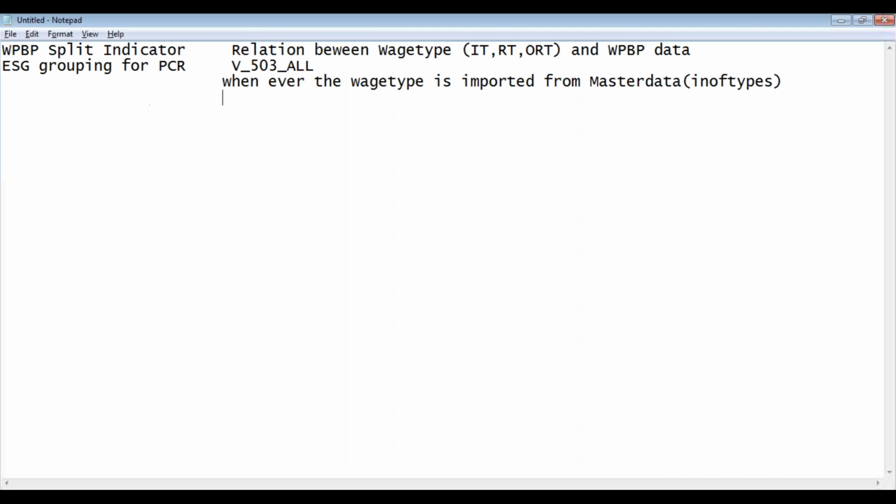Okay, info types. The waste type is stored in the ID table along with the employee subgroup grouping for PCR. And it determines what logic is applied in PCR.